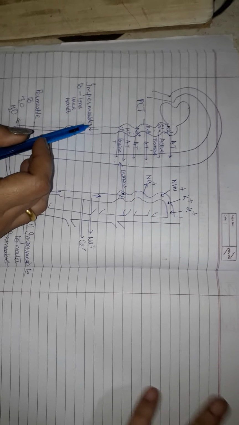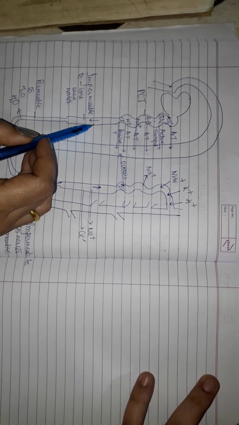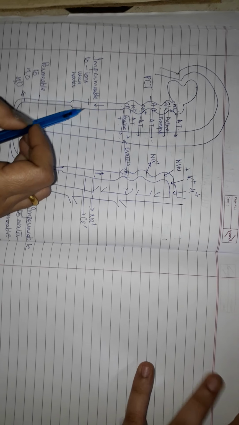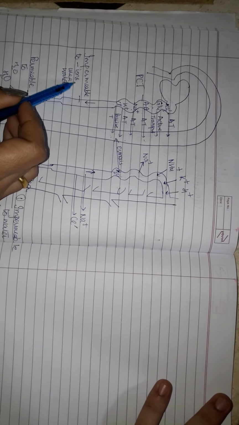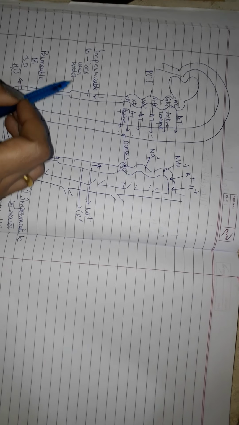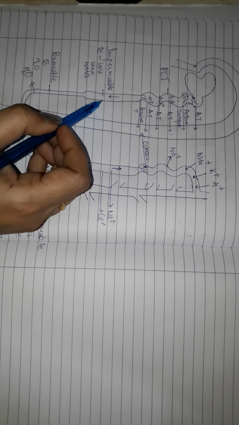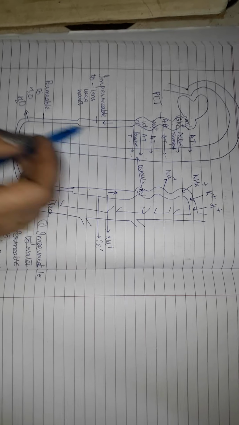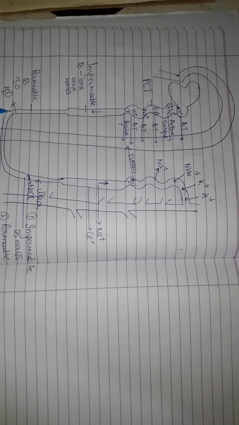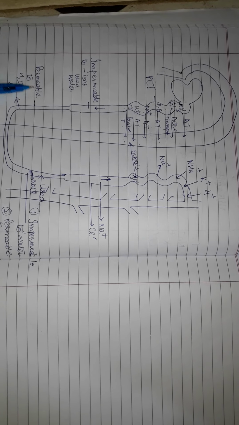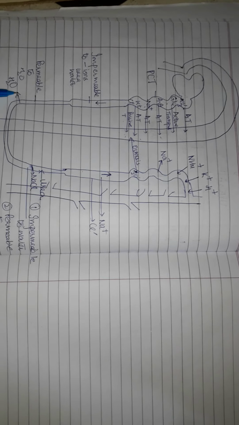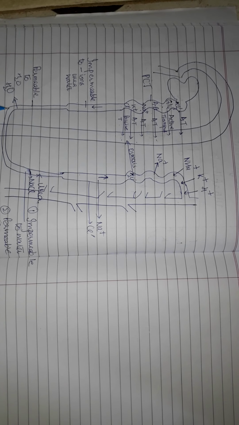These regions are specific. This wider region of the descending limb is impermeable to ions, urea and water. Means ions, urea and water cannot enter and leave through this region. But this narrower region of the descending limb is permeable to water, means water can enter and leave through this region.